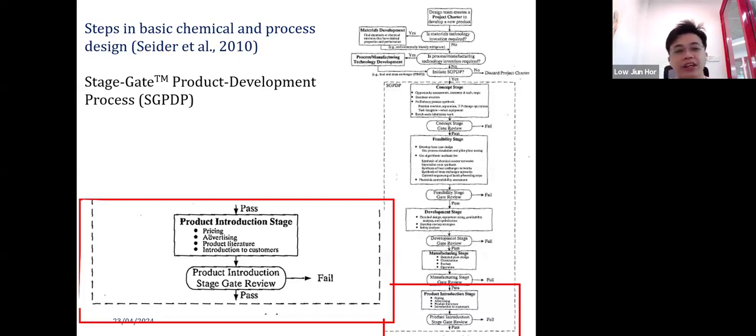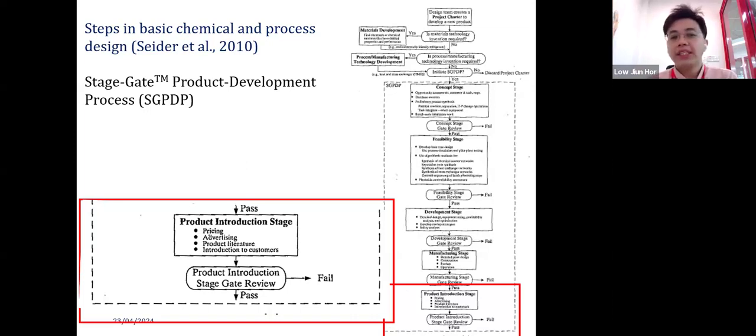And how are we going to introduce our product to our potential customers, and how are we going to compete with our competitors? All of them are considered under the product introduction stage. Then we can start to supply our product to our customers and also to the market.